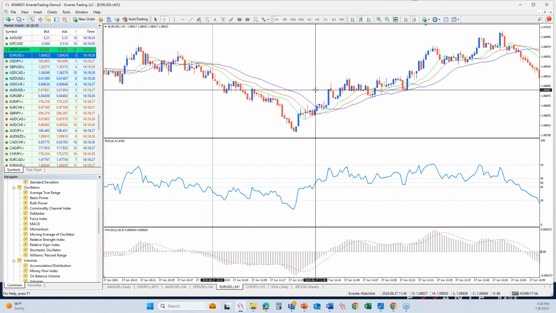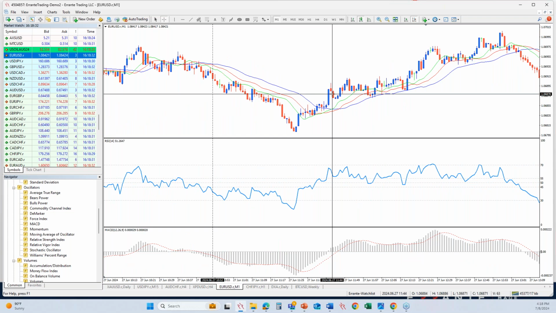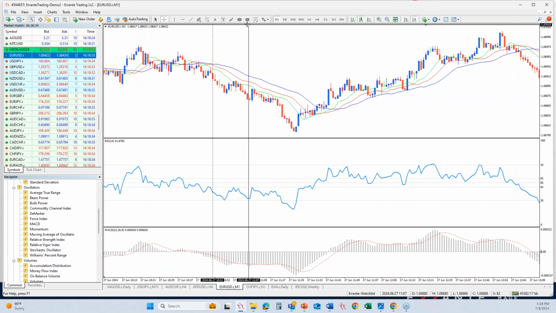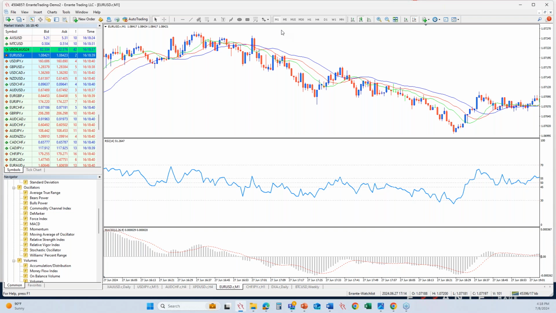And repeatedly, you can find this confirmation in the market when we have a new established trend above or even below the alligator lines. So it's really important to confirm the trend direction using these additional indicators.